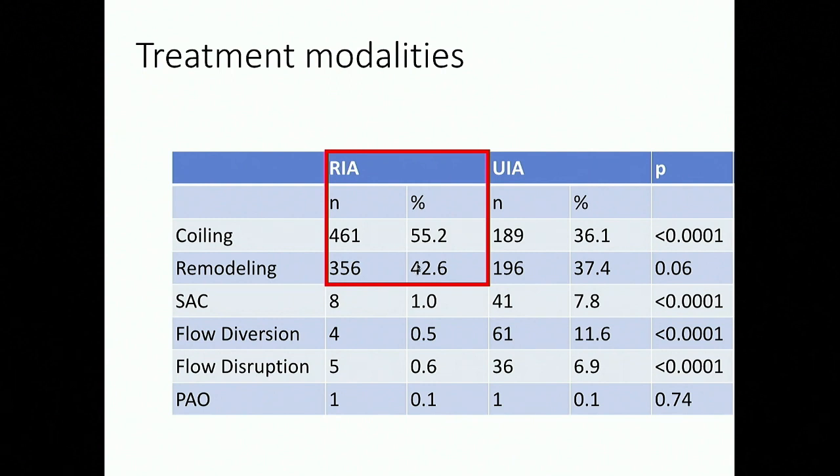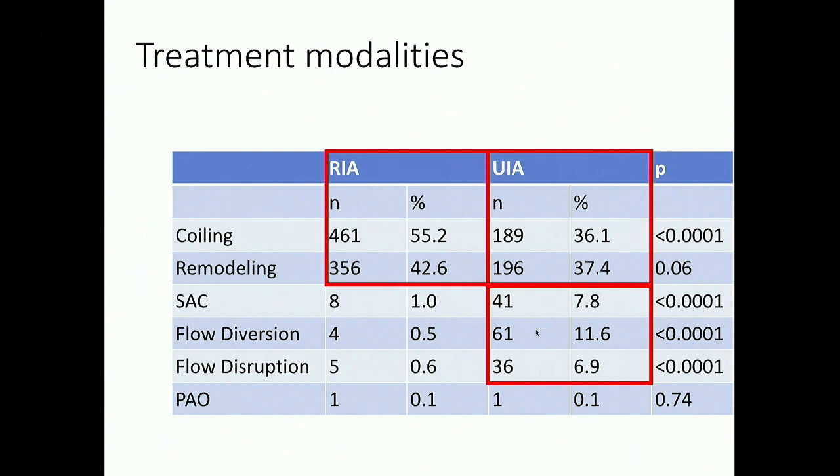Now it's 42, meaning that everybody now is trained in the technique. Of course, if you look at unruptured aneurysms, you have less coiling and remodeling because you have more new assisted techniques such as flow diversion, stent-assisted coiling, or WEB.